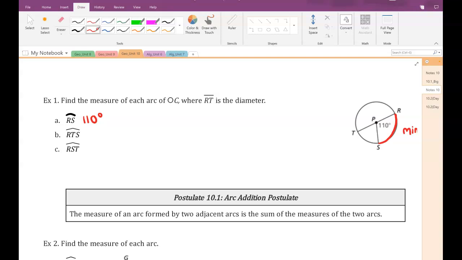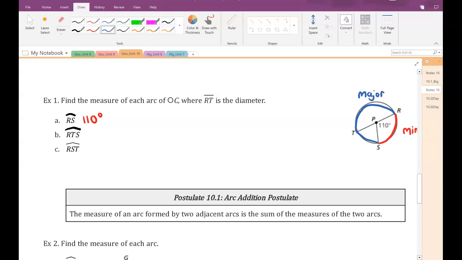All right, next one. RTS, since I'm given 3 letters in there, I know it has to be a major arc. So I know R and S are going to be my 2 endpoints, and T is somewhere in the middle. So R, I got to next go to T, so I'm going around counterclockwise, T to S. So I'm trying to find all of this in blue. So this is my major arc.